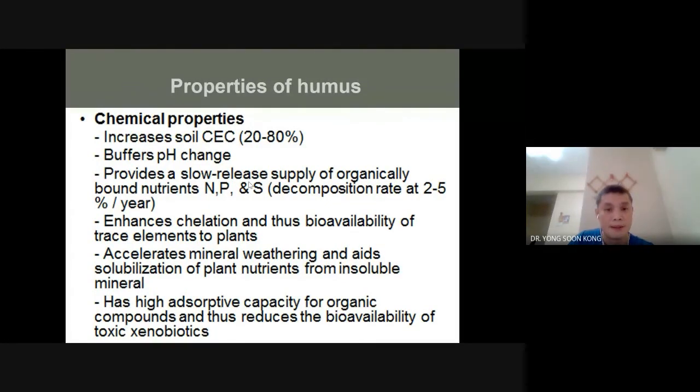Apart from that, the chemical properties involved in humus include chelation. There is a saying that some metals are not so soluble. I can't say specifically which one, because most of the metals we know are actually cations. If they are completely ionized, they can dissolve.